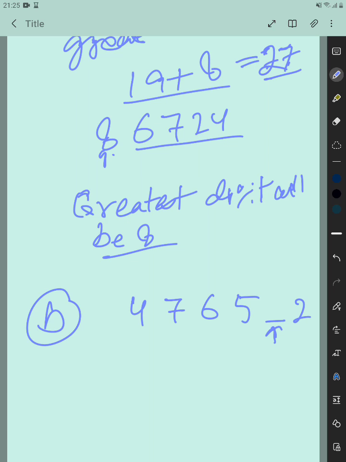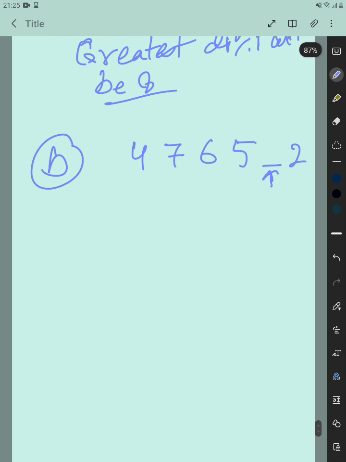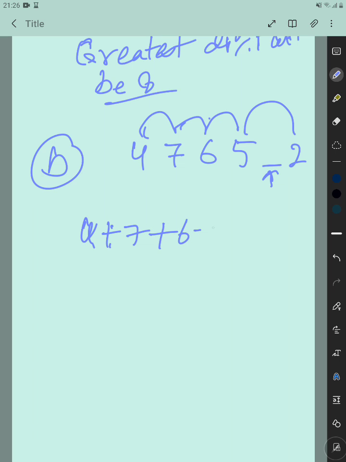So similarly we will find the smallest and the greatest digit here. First we sum 4 plus 7 plus 6 plus 5 plus 2: 4 plus 7 is 11, 11 plus 6 is 17, 17 plus 5 is 22, and 22 plus 2 is 24.